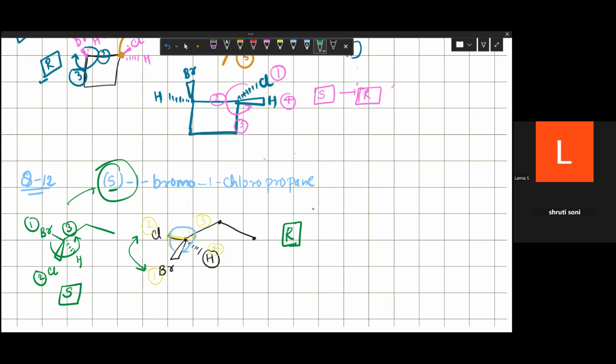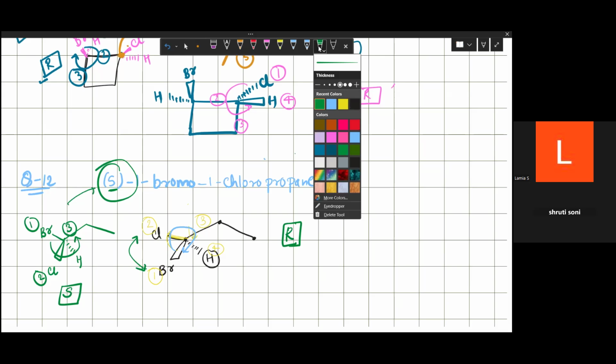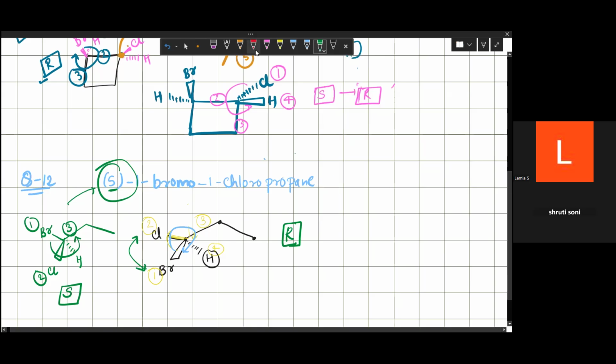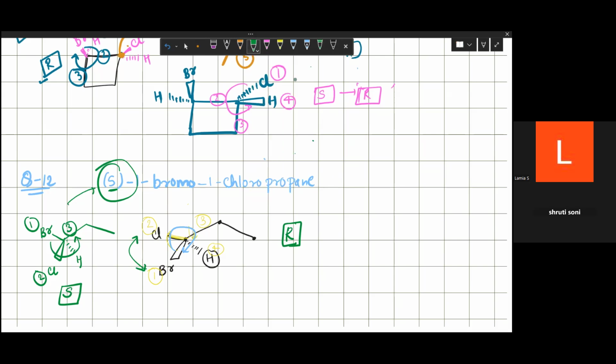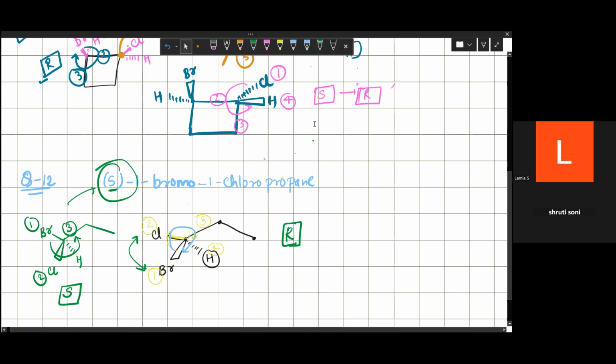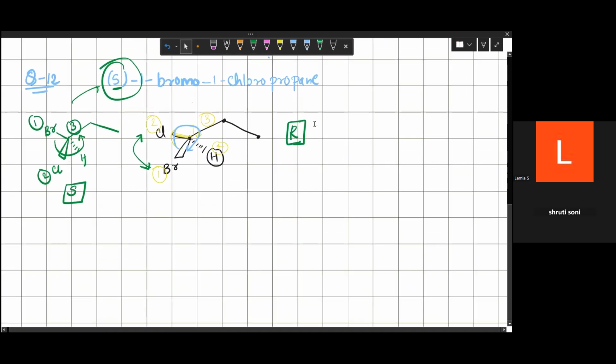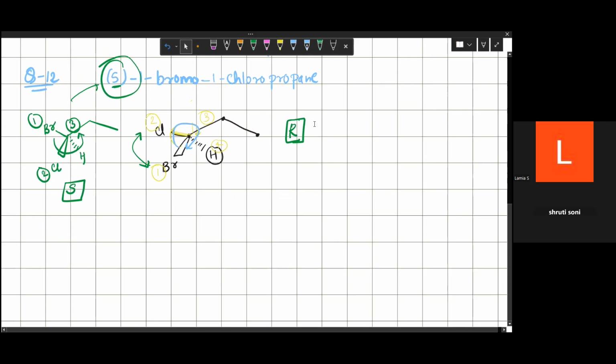Do you understand how, if a name is written, we represent the structures? Yeah, I just probably need more practice. You can do it now also if you want. So you changed the hydrogen, which was in dash form, right?